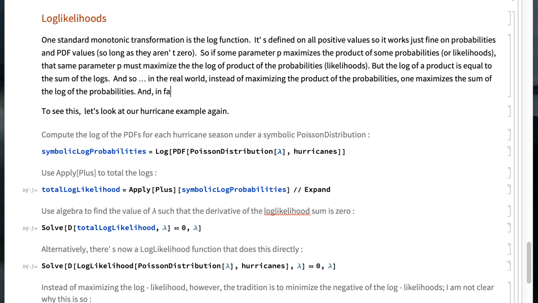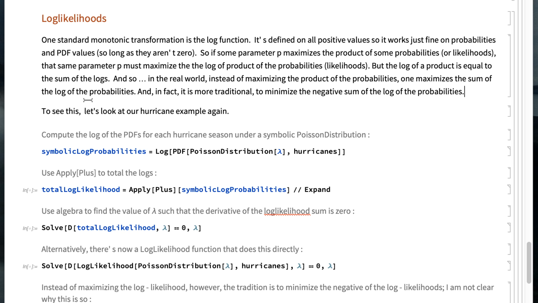And in fact, it is more traditional to minimize the negative sum of the log of the probabilities. But that last point is just a bell and whistle.